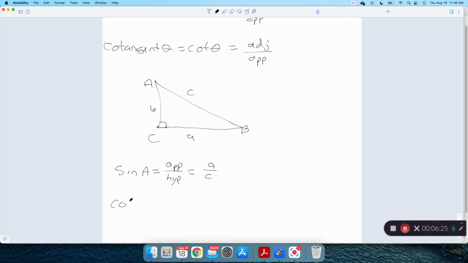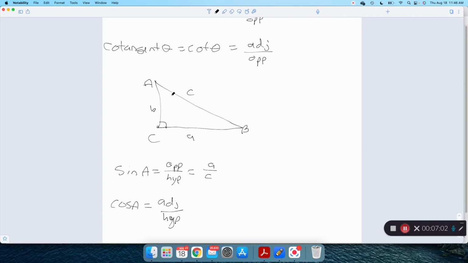What about cosine of angle A? So I'm sitting at angle A. Cosine of any angle is supposed to be the length of the side adjacent, meaning right next door, divided by the hypotenuse. So from angle A right here, there are two sides that are next door. We've got side b over here, and we've got side c. Those are the two right next to A. This one already has a name. That's the hypotenuse. It can't be adjacent because it's already got a name.